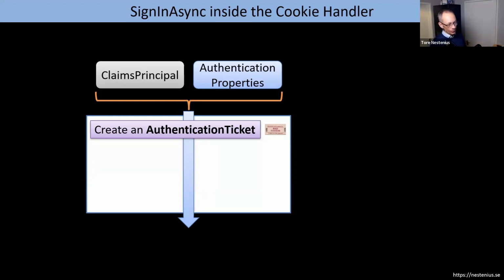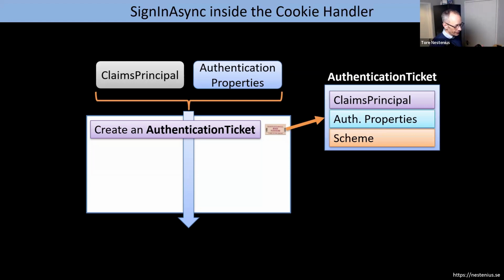But then, of course, the question is, what is an authentication ticket? The ticket is only a data structure that contains your claims principal, your authentication properties, and also the scheme, the name of the handler that you will sign into. So you create this ticket. It's just a wrapping object that contains those three things.